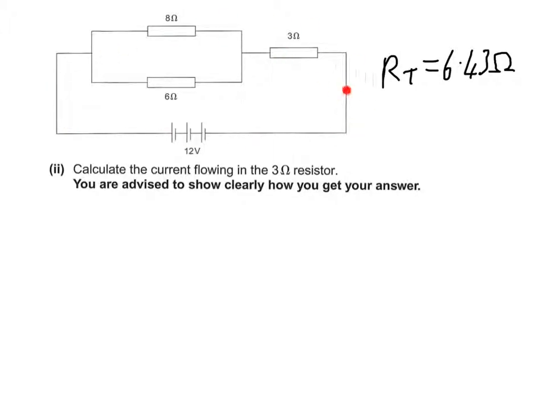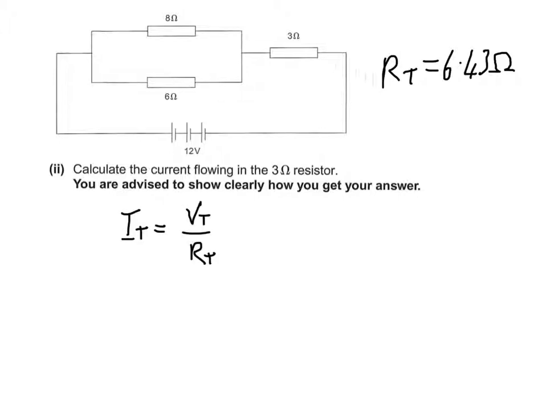Now, if we can find that total current, that'll be the same as the current in the 3 ohm resistor, because the total current must flow through the 3 ohm resistor. So if we can find the total current, we're automatically finding the current in the 3 ohm resistor. So all we have to do is Ohm's law for the total voltage and the total resistance to get the current we're after.